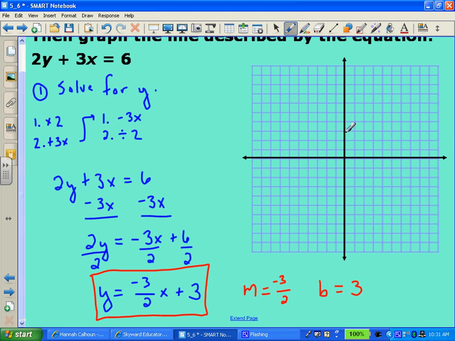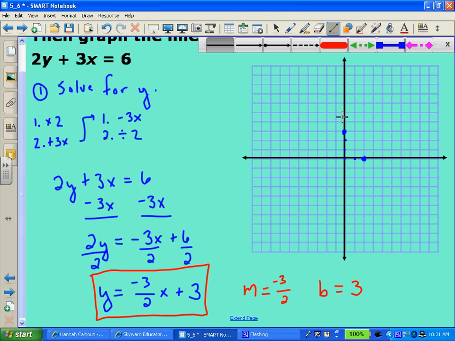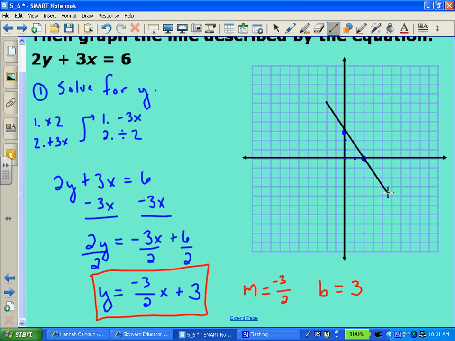So now that I know those two things, I'm going to start at 3 on my y-axis, then rise over run, remember, so I'm going to go down 3 over 2 to get my second point. And then once I have the 2 points, I go ahead and draw the line through the 2 points.